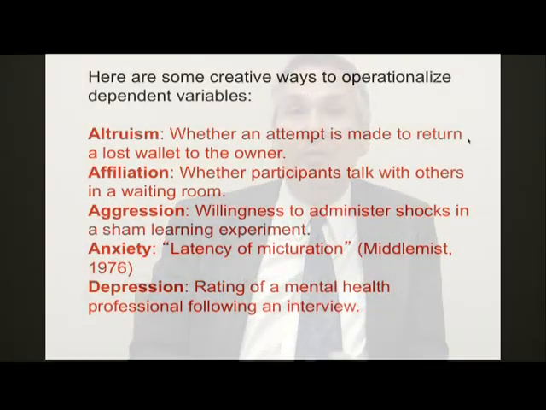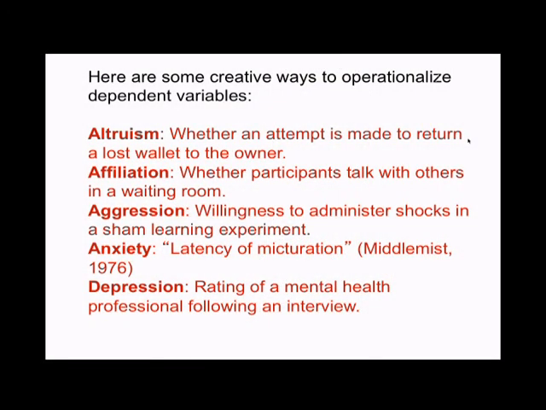People like to think that they're good people, they'd like to think that they'll do good things, so you might not get an accurate response to that. So one way to measure that more subtly is to place wallets in public places and see if people return them.